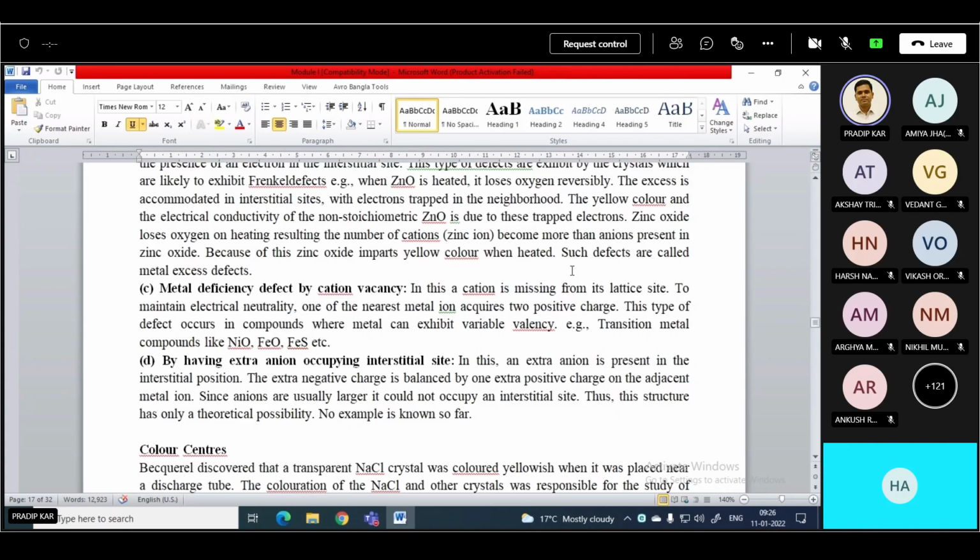This is because the anion is larger in size, so it is not possible to accommodate within a small interstitial position. It is of theoretical importance, but no example is known so far. Okay, there is no example, because it is only theoretically possible, we may consider.